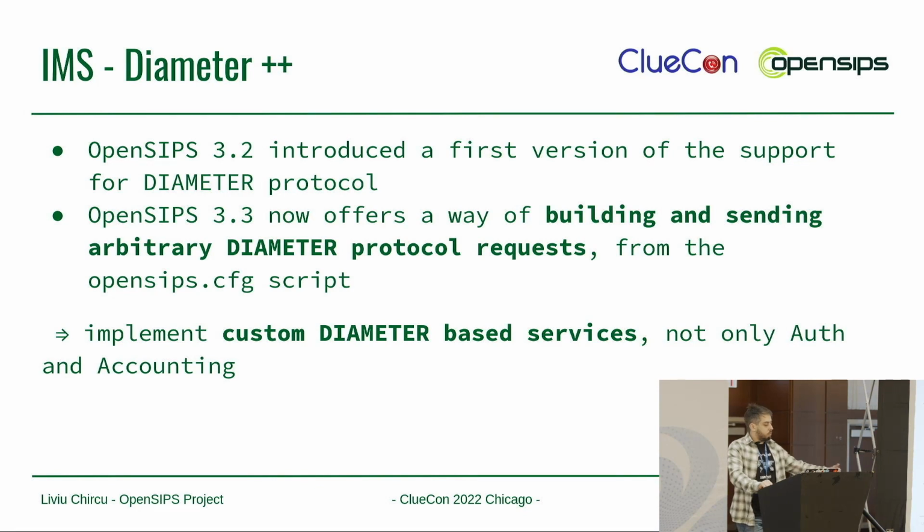Now we extended that support to the point where you can build custom Diameter messages. If you check out the OpenSIPS Summit presentation, there is one in which we build a 3GPP Sh application message from the ground up. So that is the IMS and UC work, the focus and central part of 3.3.